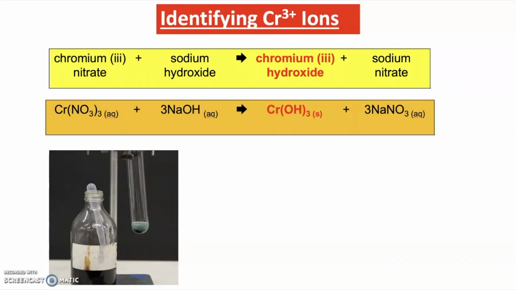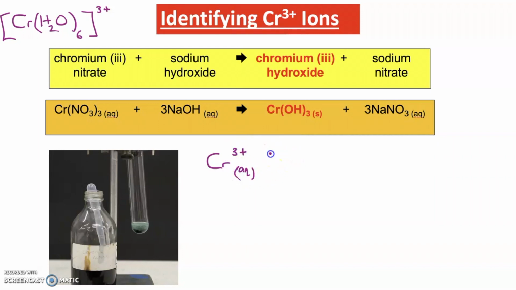Now, you should also be able to describe the reactions that take place by using ionic equations. Now, this slide shows you that you're identifying the Cr3+ ion with this reaction with NaOH. But it's more correct, really, to think of the reaction as a way of identifying [Cr(H2O)6]3+, the transition metal complex that forms when Cr3+ ions are dissolved in water.